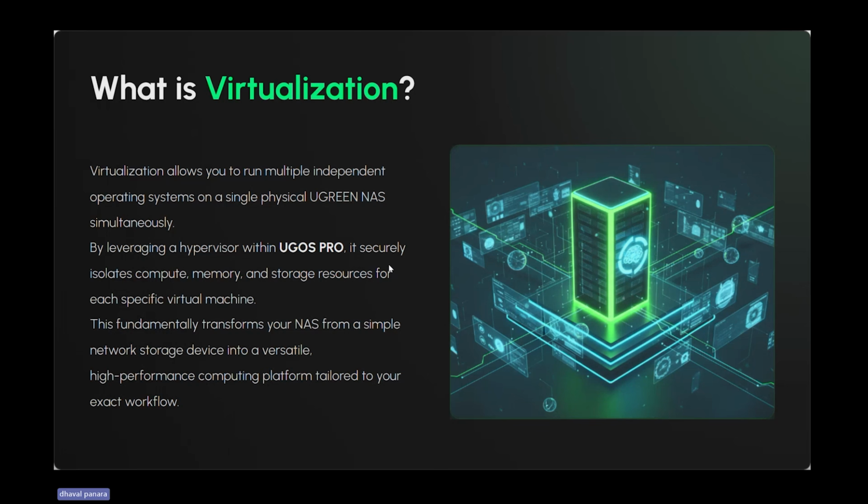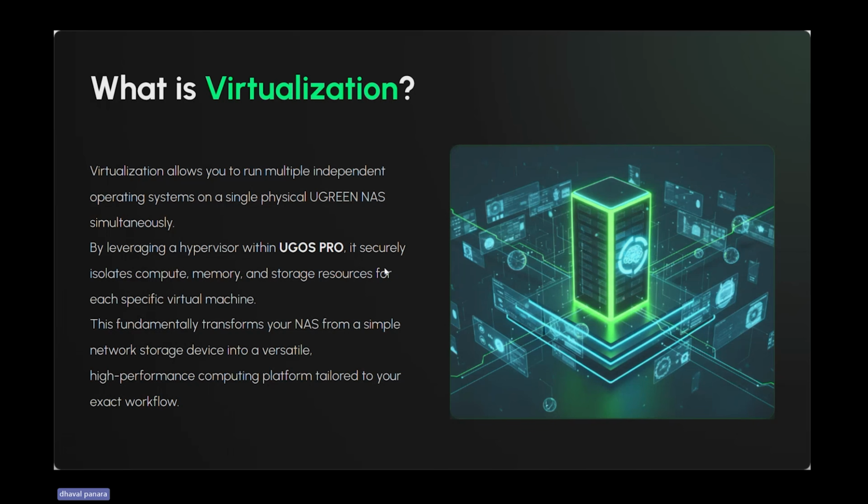So instead of needing separate hardware for each task, you can centralize everything into one system, keeping the workloads isolated and secure. And with our UGOS Pro, there's a hypervisor built into the system, so you can virtualize everything and run multiple systems in one single location.